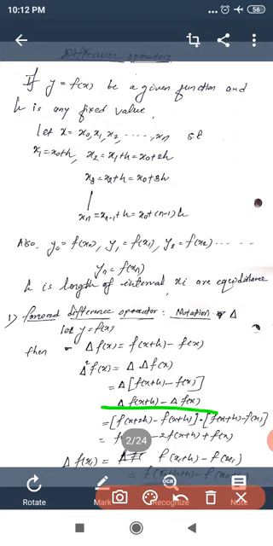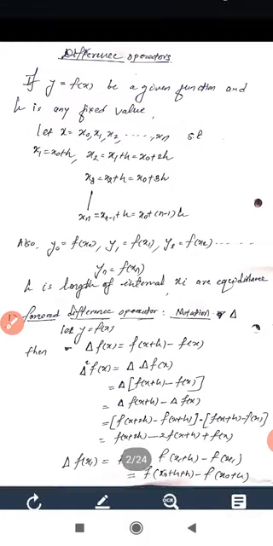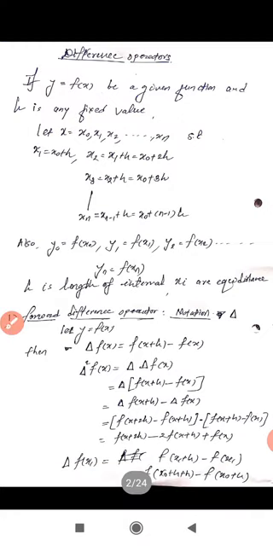If you operate this del on each term, del of f of x plus h is f of x plus 2h, the next value, just add h in f of x plus h.